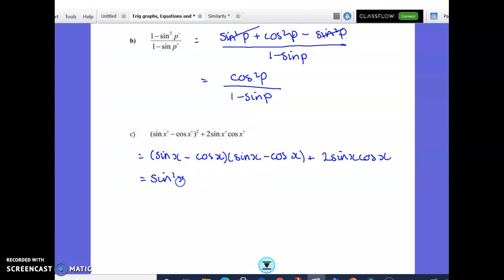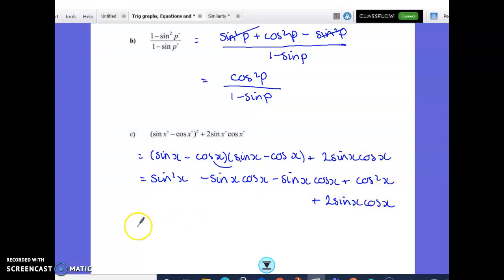So multiplying out my brackets would give me sine squared x minus sine x cos x minus sine x cos x plus cos squared x, and we've got plus 2 sine x cos x tagged on the end from here.